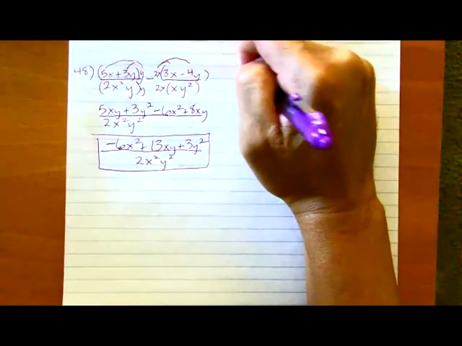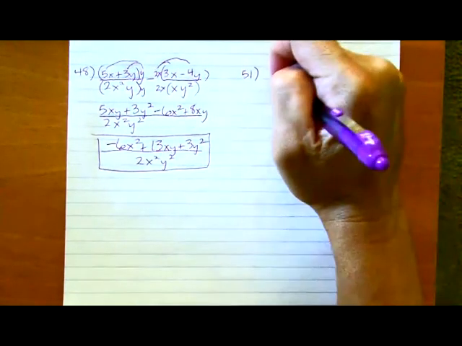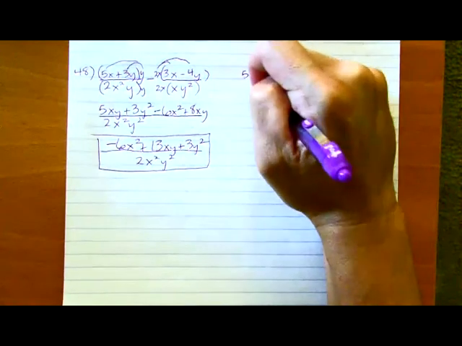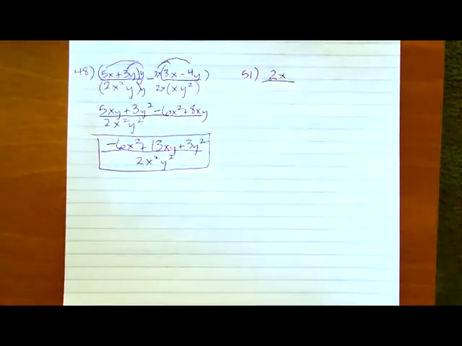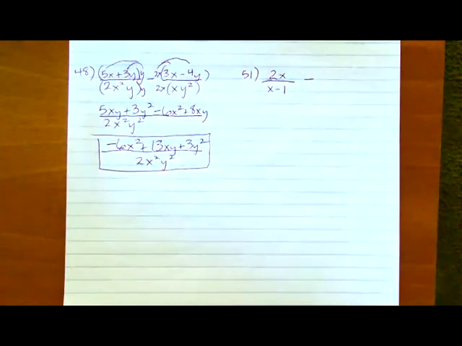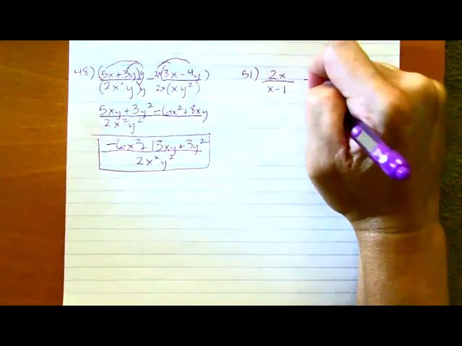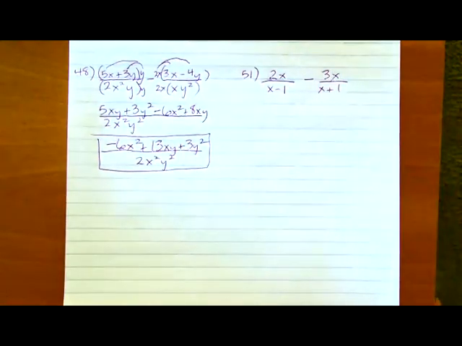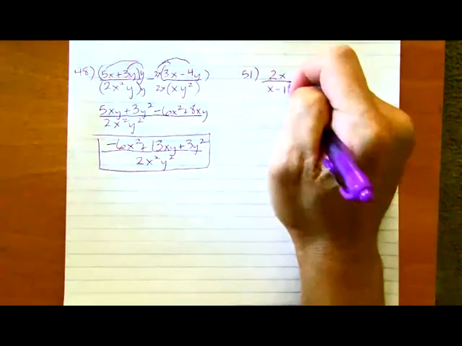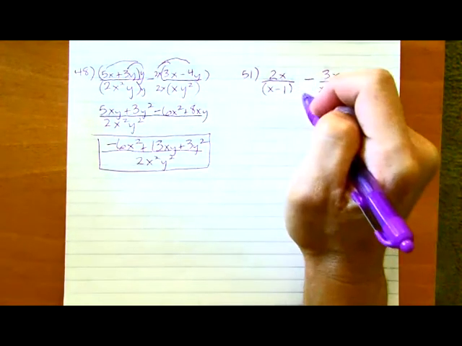Number 51. I'm going to use x instead of z. 2x over x minus 1 minus 3x over x plus 1. Okay, so this is a little different. It's kind of like what we did in addition. You're looking at this denominator. You cannot just multiply by negative 1.